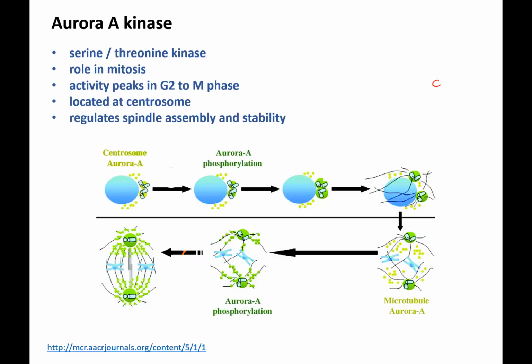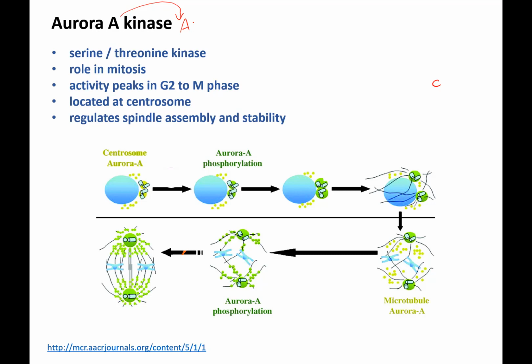Okay, another protein we're going to talk about is Aurora kinase A, or Aurora A kinase. I think I always do it wrong. It's Aurora kinase A. So we've talked about kinases before. They are proteins that phosphorylate other proteins.